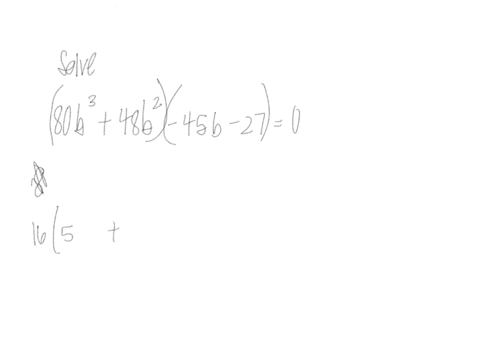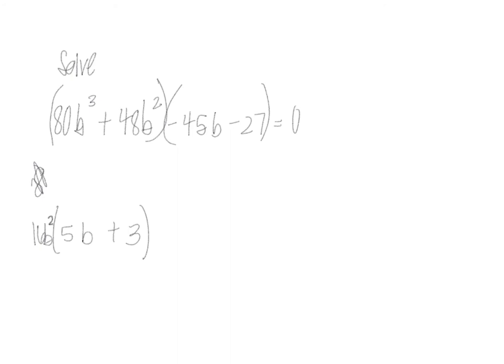And 48 divided by 16 gives us 3. But they also had a b in common, and you're going to take out the lowest power of b that you see, so a b squared. If I take a b squared away from b cubed, you're just left with b. If I take a b squared away from the 48b squared, you don't have a b anymore.